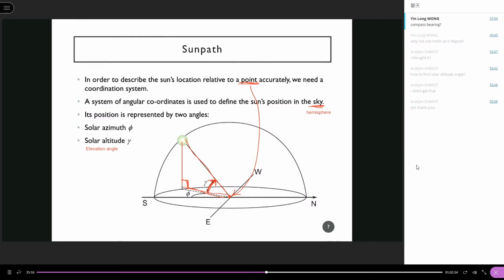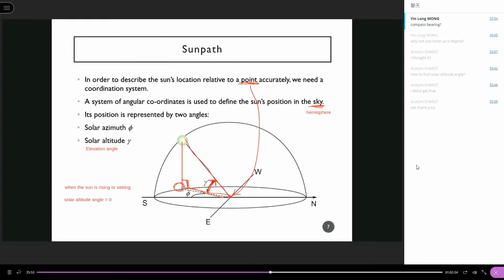So it means that when the sun is just rising, or when the sun is setting, then the altitude angle will equal 0. Let me write it down. When the sun is rising or setting, the solar altitude angle will equal 0 degrees.